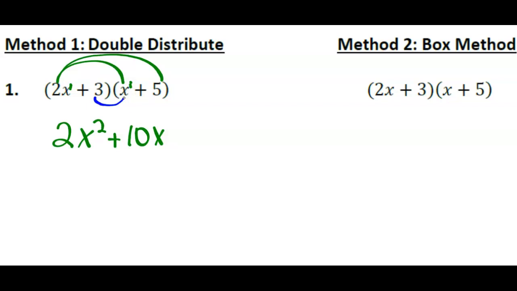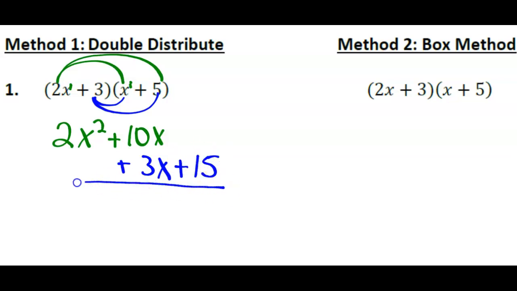Remember in the last couple sections, I said to align and add: line up your like terms and then add them together. Here's where that comes in handy. So I'm going to put my 3x here because those are like terms, and it's a positive 3x. And then I'm going to multiply my 3 times 5, which is 15.